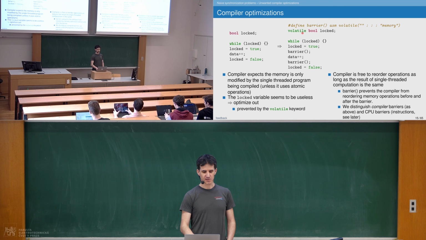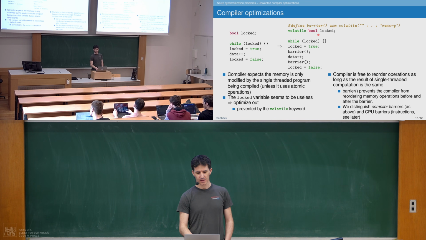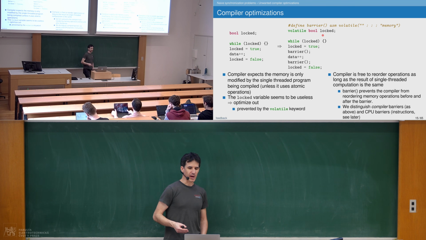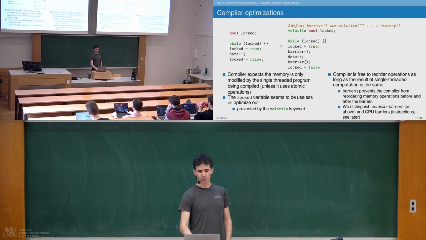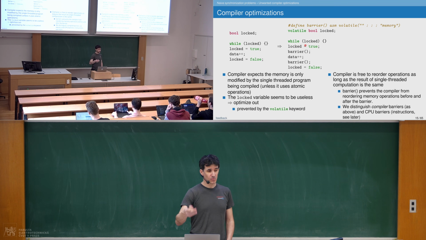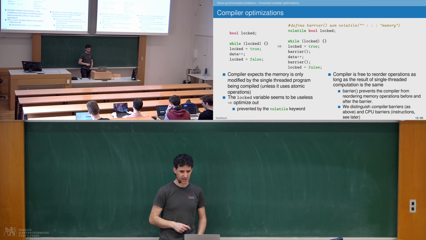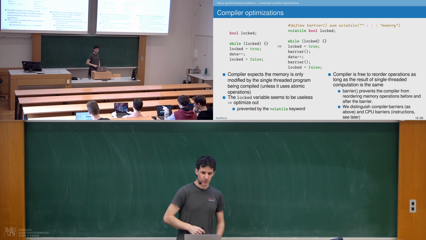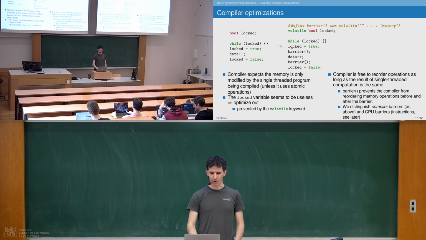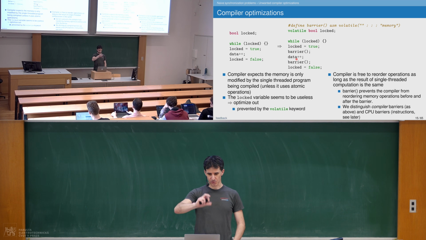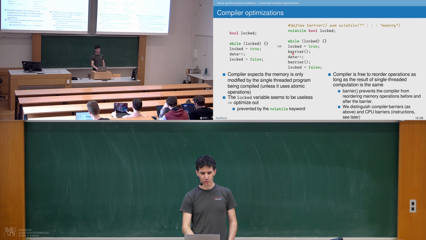We define this variable as volatile, which will tell the compiler, whenever I am reading or modifying the variable, just do what I write in the program, read or write the variable and do not do any tricks there. And if you want to ensure that this lock access and data access are not swapped, you have to put the barrier. In this case, this is a compiler barrier.